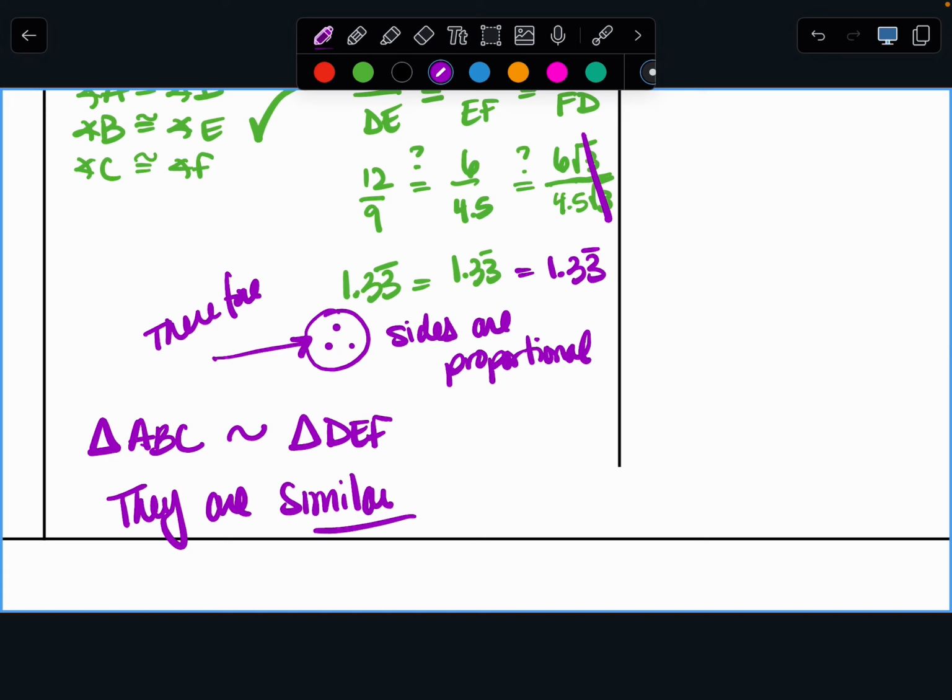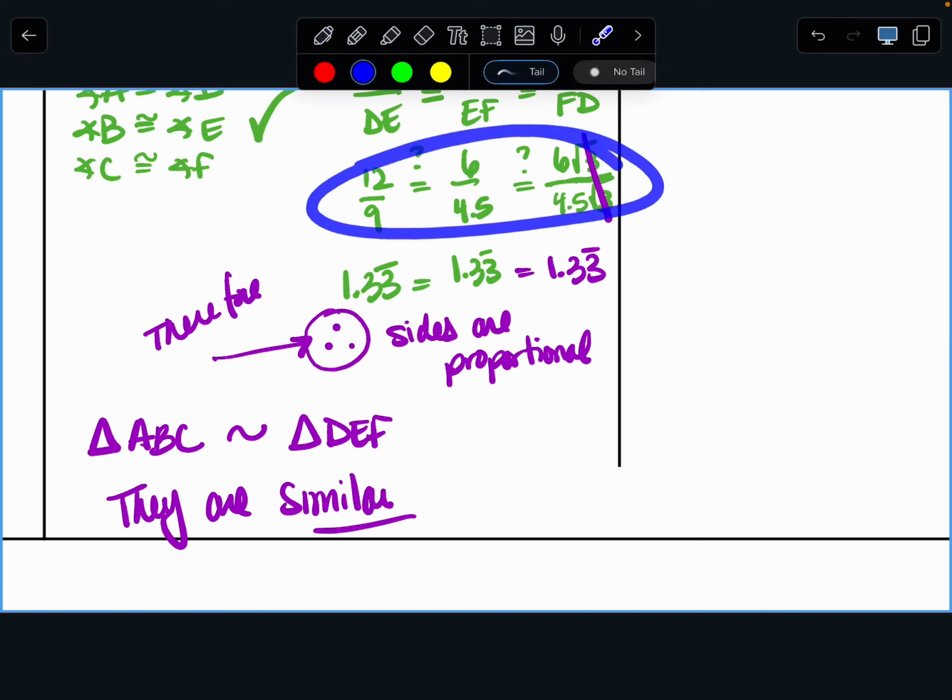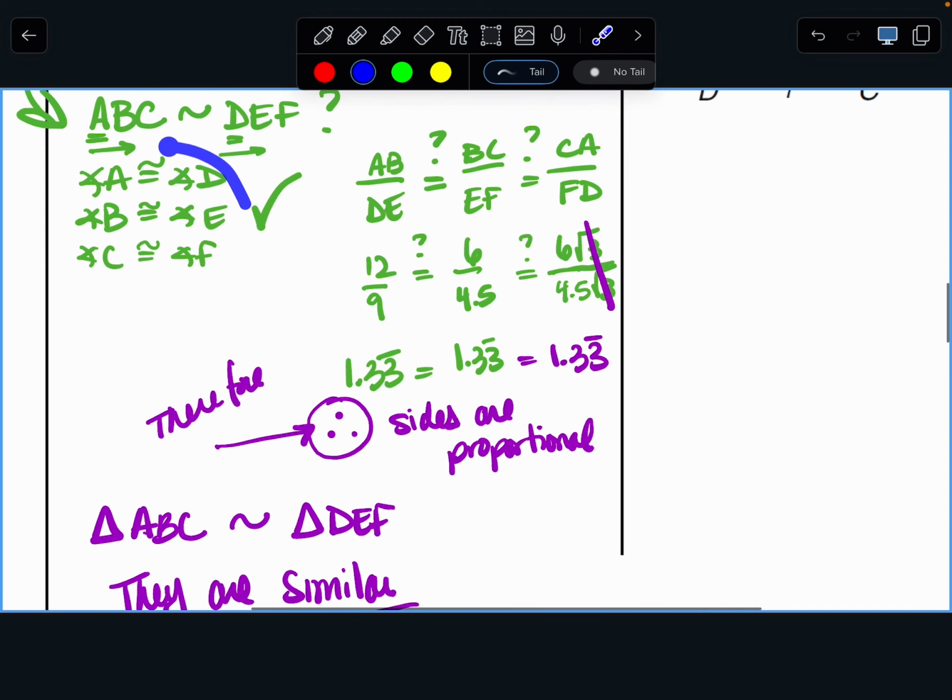But you have to prove it. You can't skip this step or this step if the angles are not obviously all the same. You have to prove that every angle in the right order.